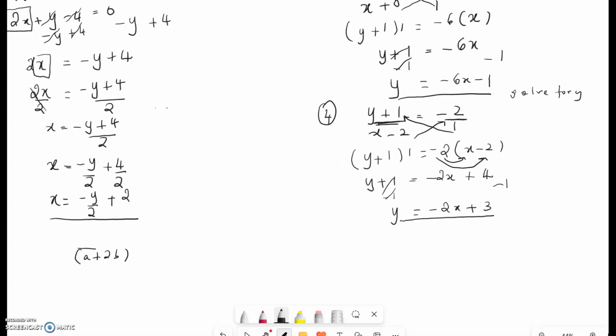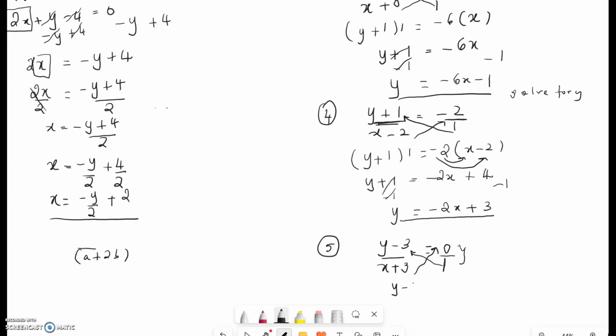Let's do one more. Let's suppose we have y minus 3 over x plus 3 is equal to 0. Okay, remember 0 is not 0 over 0, it's 0 over 1 or anything but 0. Just 1 is the easiest. So don't forget this, 0 is not 0 over 0, so we cross multiply.